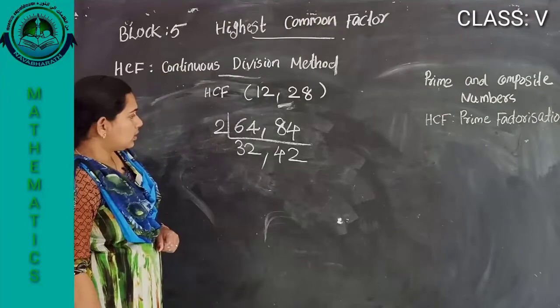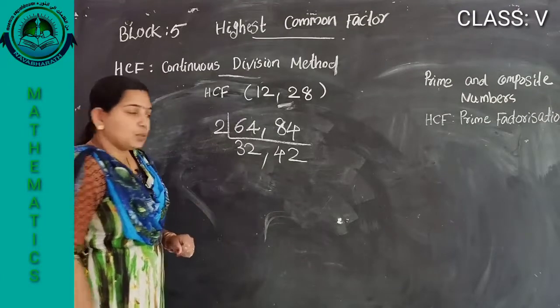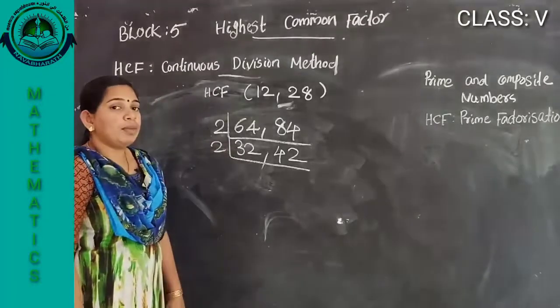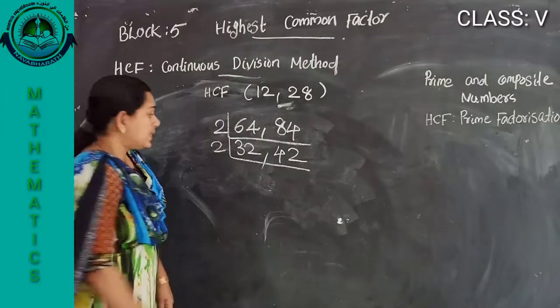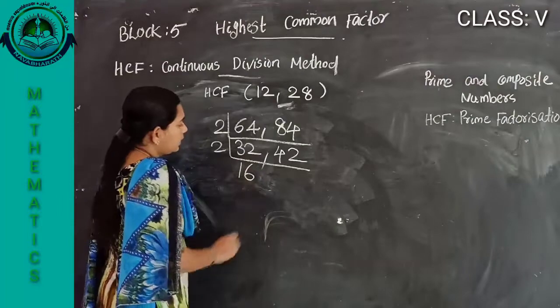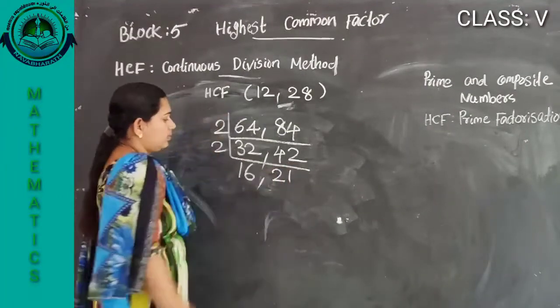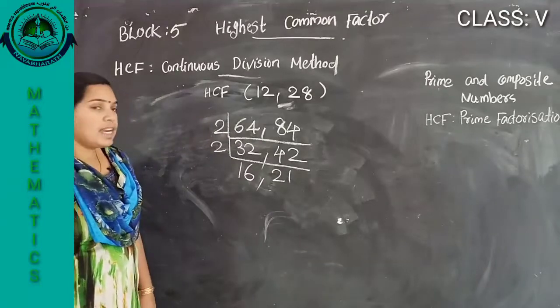Then which is common here? 2. In 32, how many 2s are there? Yes, 16. Then 42 gives 21. Is any number common here?